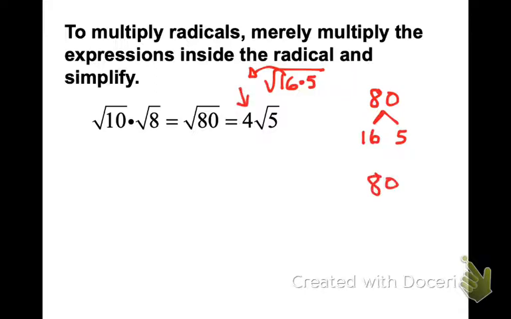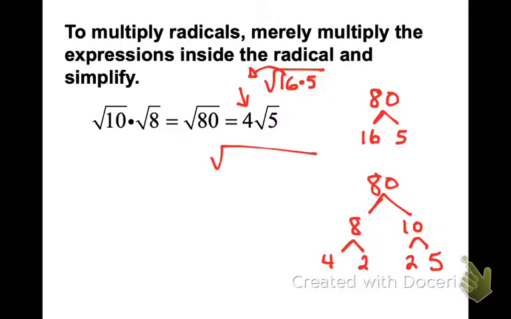But some of you might have started off with maybe 8 and 10. Neither one of those are perfect squares, so then we might say 4 and 2 and 2 and 5. So now we have 4 times 2 times 2 times 5.